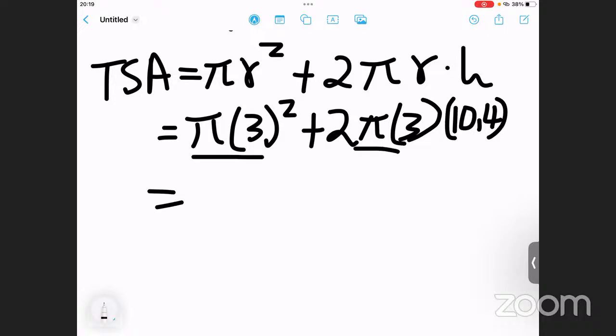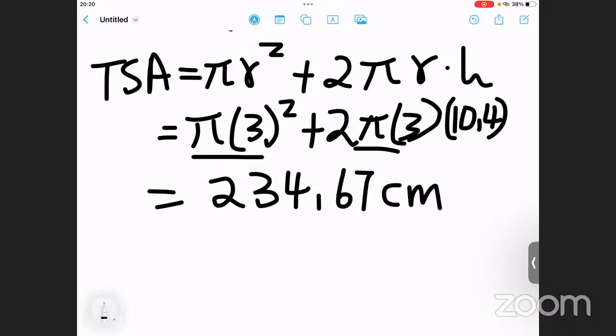So it's going to be 234.67 centimeters. 234.67 centimeters. That's the surface area of the water that is in contact with the cup.